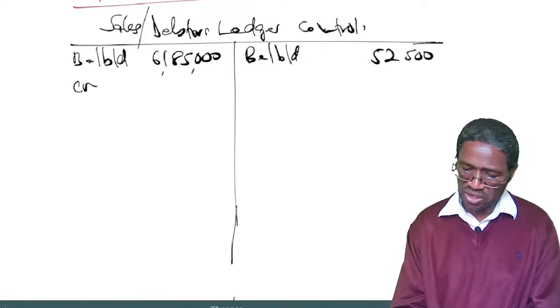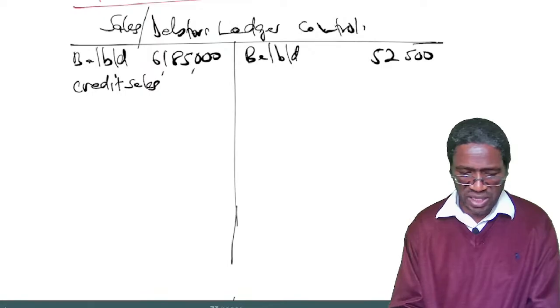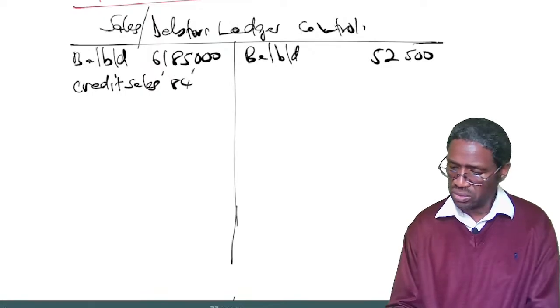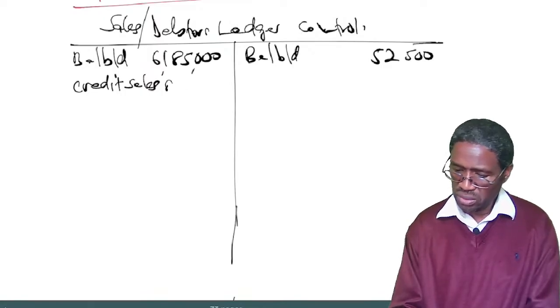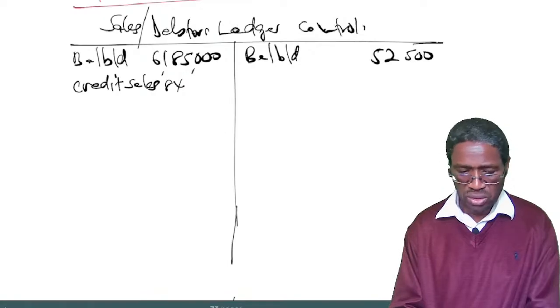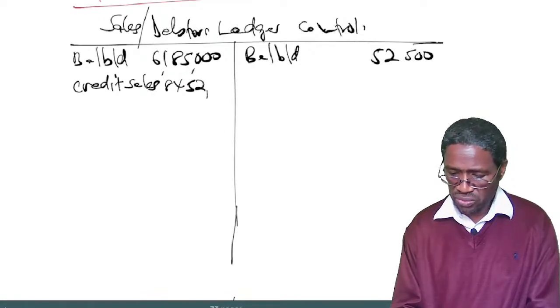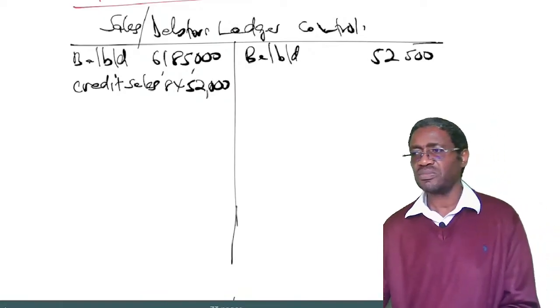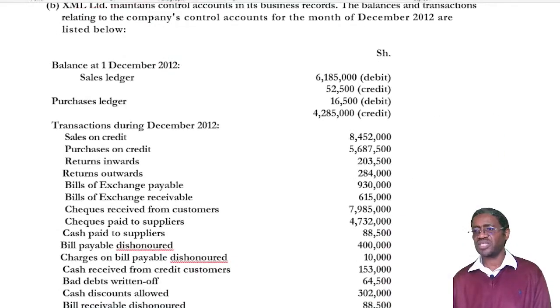And you come and see your credit sales. We are given 84.52. Let me confirm. Yes, 84.52. Good. Next one.